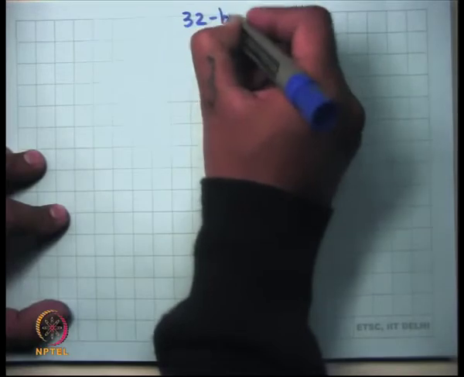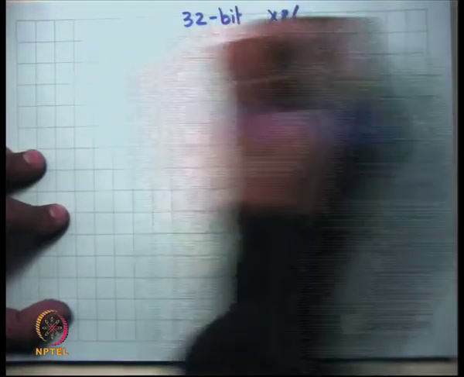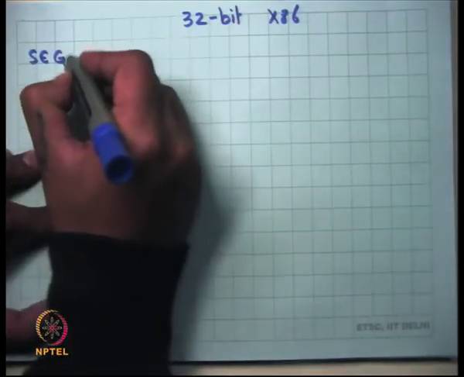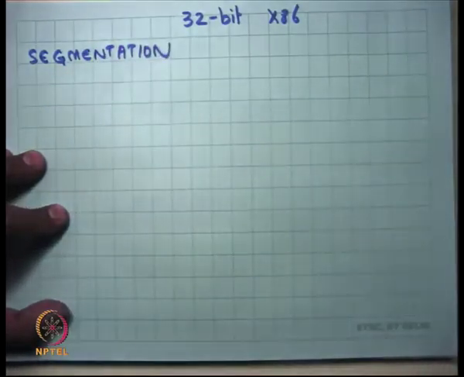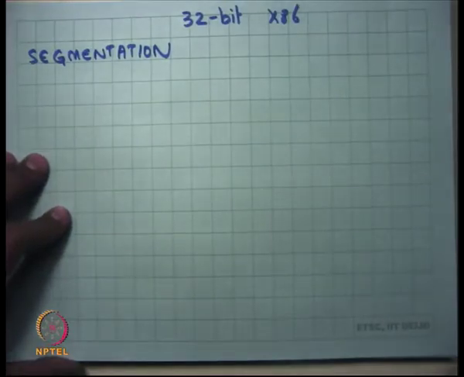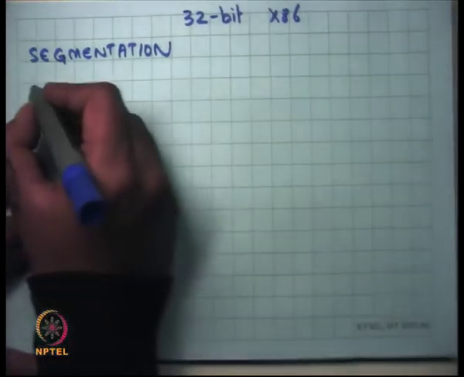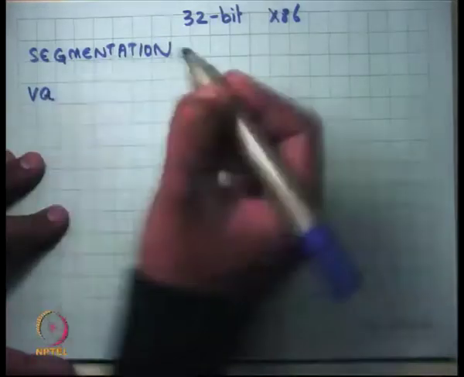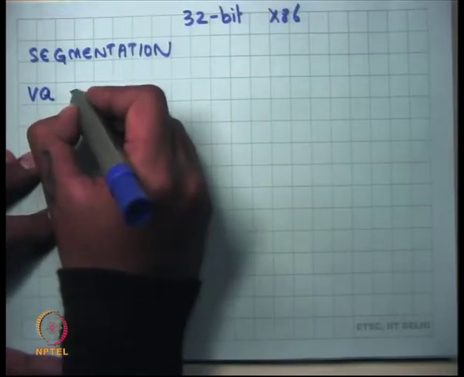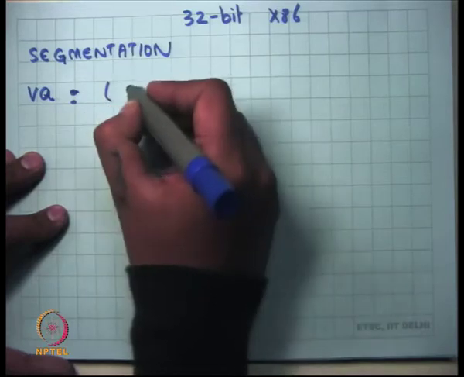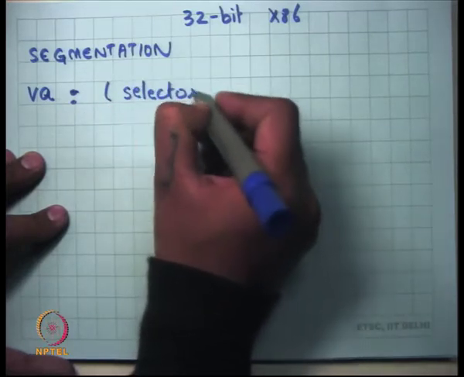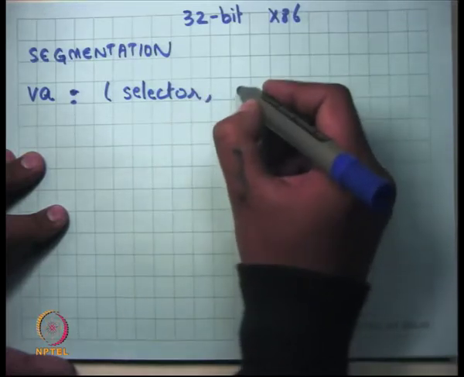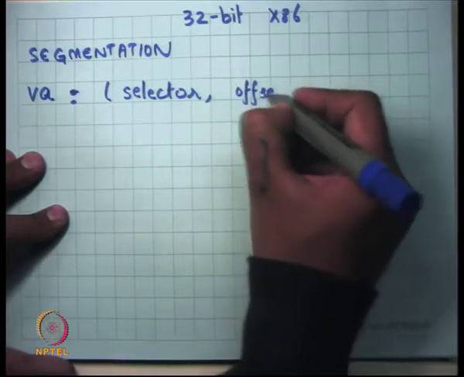Okay, so let's look at 32-bit x86 segmentation. So once again, a virtual address is a pair of segment selector and an offset, right.